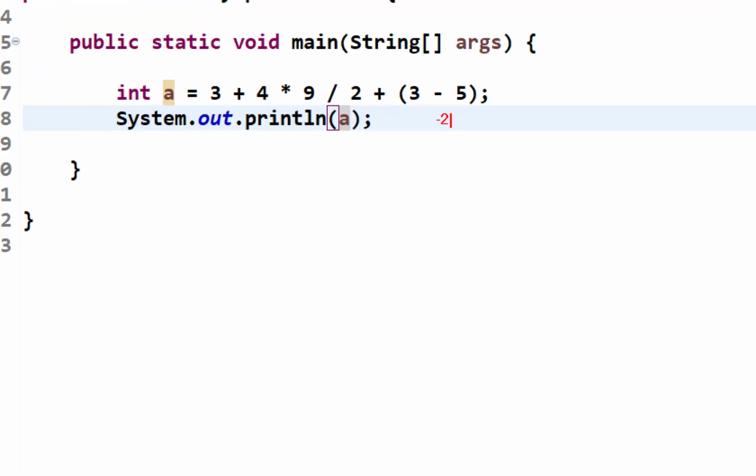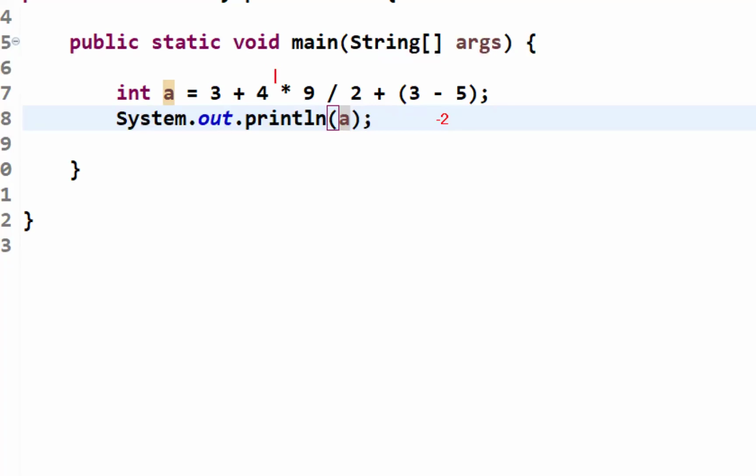Next, remaining, there is a plus operator, multiplicative operator, division operator, again plus operator. Which one will be evaluated first? Multiplicative, 4 times 9, 36.